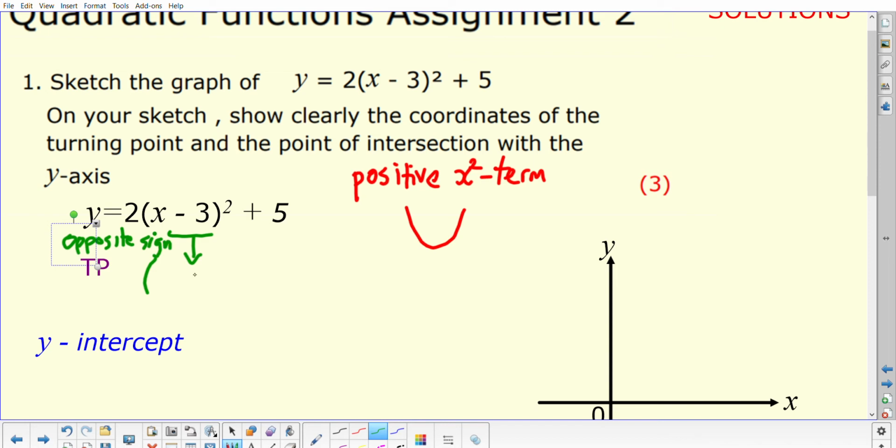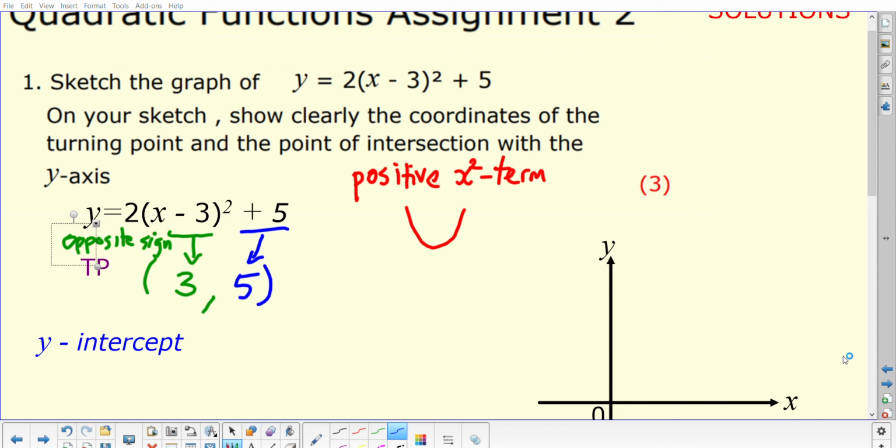So you've got a -3 in there, so it's going to be +3 when you write your x coordinate down, and your y coordinate will be exactly the same. So it is +5. Your x coordinate though is +3, not -3, so (3, 5) is our turning point.